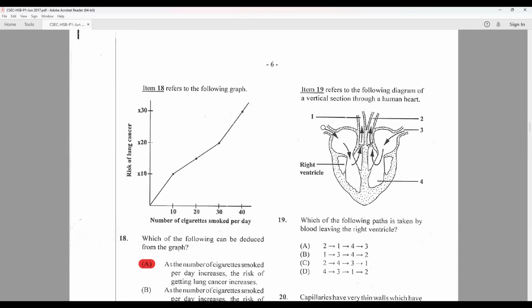Item 19 refers to the following diagram, a vertical section through the human heart. Which of the following parts is taken by blood leaving the right ventricle? Look, they label the right ventricle here. So we see that it goes out through 1, it comes back in through 3, and then goes out through 2.